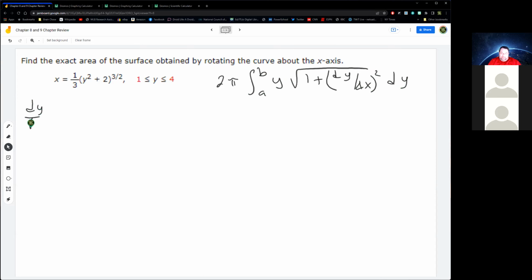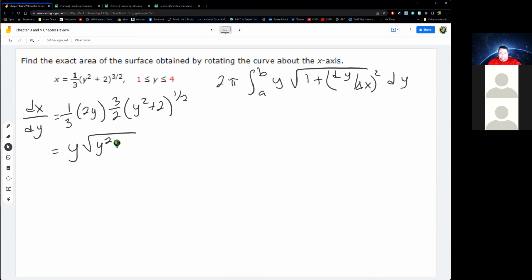So the dx/dy: I have 1/3. The derivative of the piece inside is 2y. And then the derivative of that, if it was just y to the 3/2, I get 3/2 times y squared plus 2 to the 1/2. So if I simplify all this down, I have y times the square root of y squared plus 2.